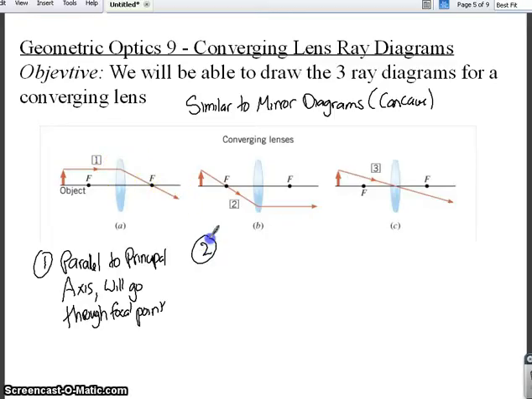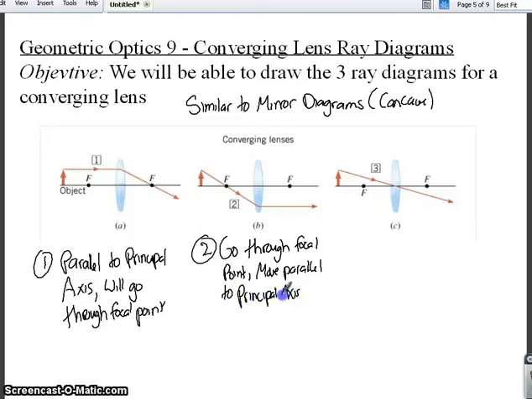Ray 2 will go through the focal point and then move parallel to the principal axis. Okay? So you can see here it's going through the focal point on the left-hand side as opposed to the right-hand side, hits the mirror and then moves parallel.